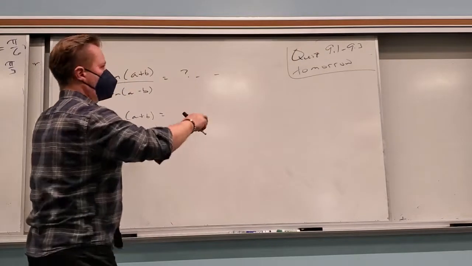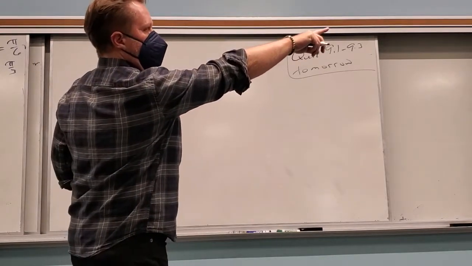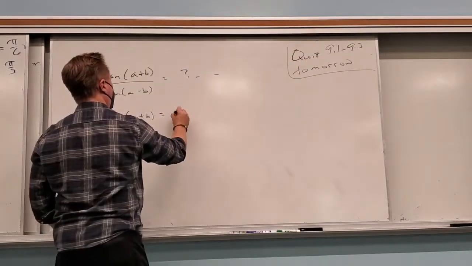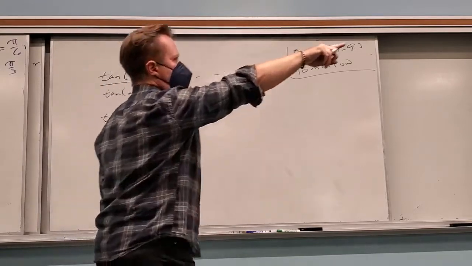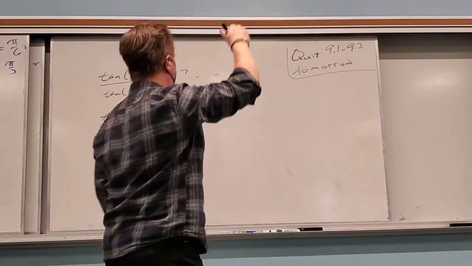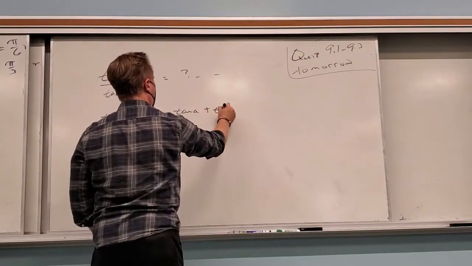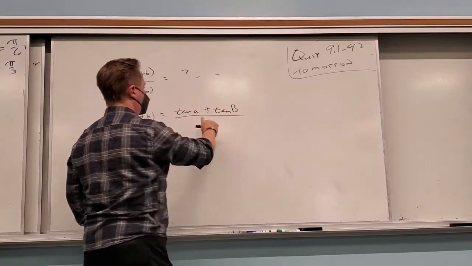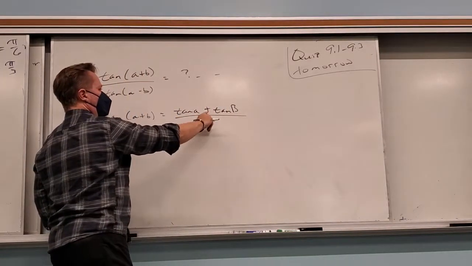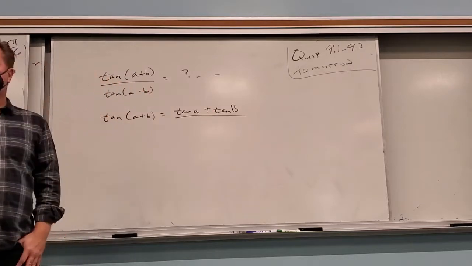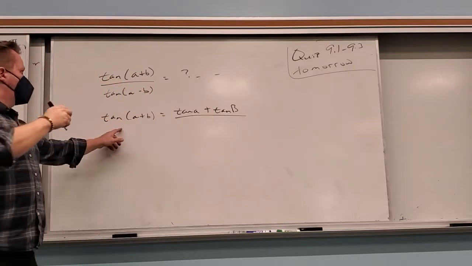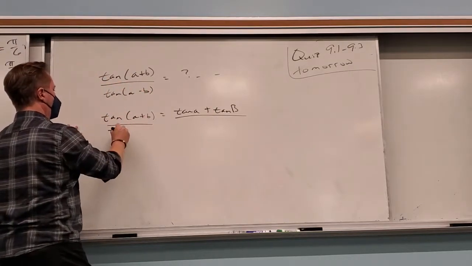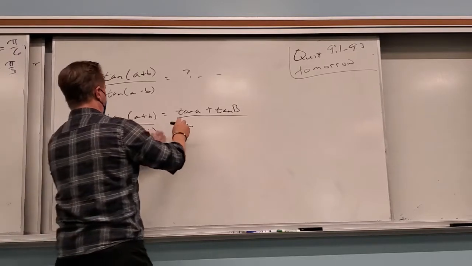So tangent of a plus b, it's going to be tangent a, top option is plus, tangent b. Now you see why I make my t's like this, so they don't look like pluses. And what is tangent a minus b? Oh, I'm sorry, I'm not done with this.